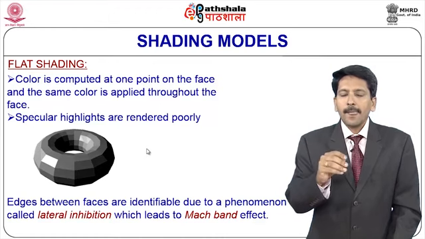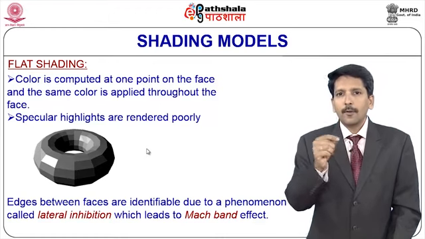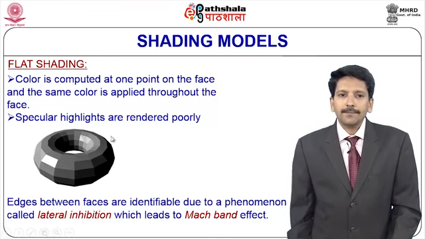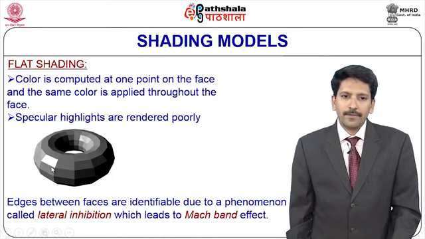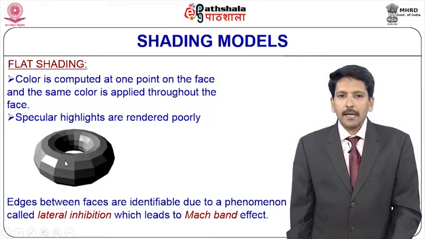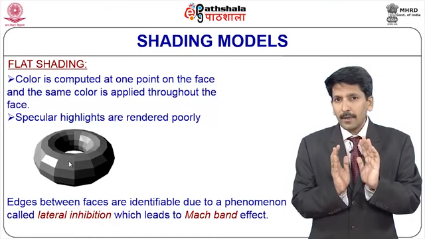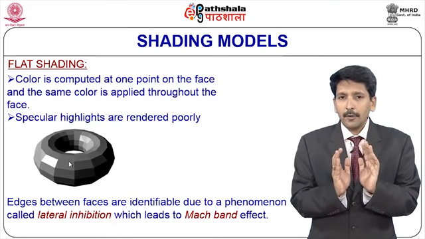Then for the whole polygonal face we apply the same color or the same intensity. Because we apply the same color throughout the polygonal face, as you can see here, the donut-like object appears jagged and roughed up, as all the individual polygonal faces are very clear.